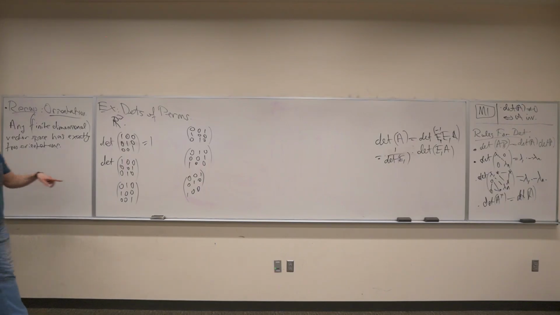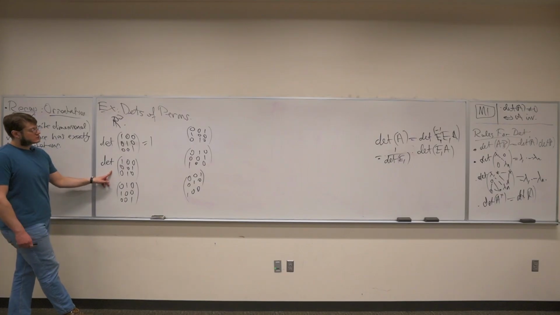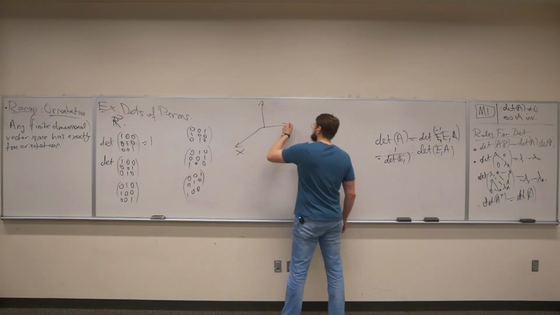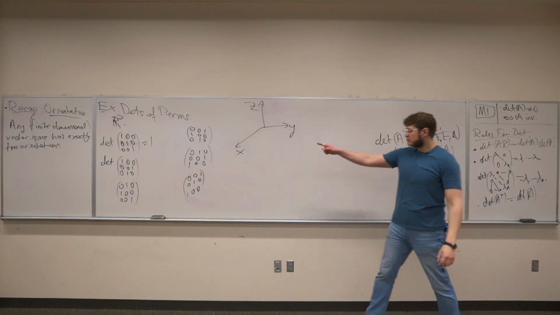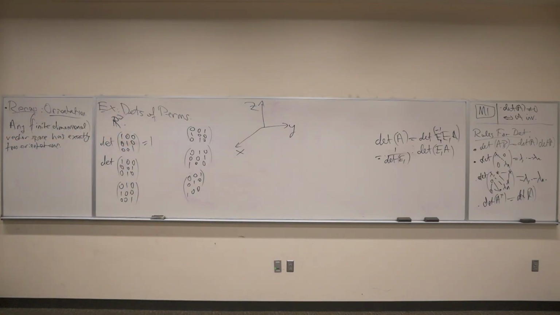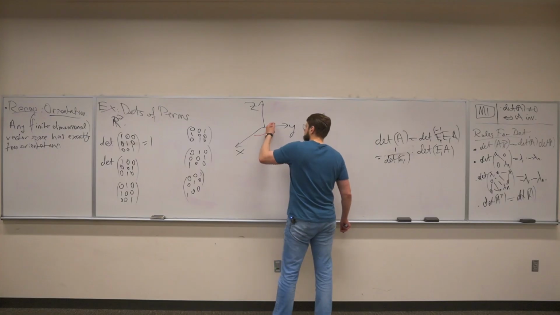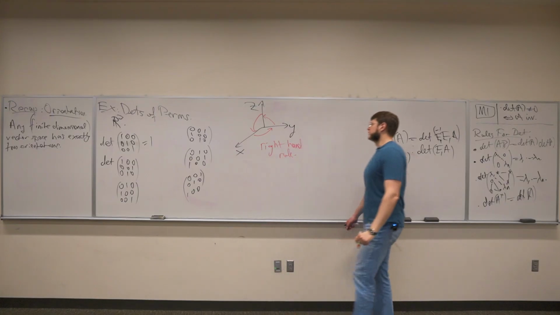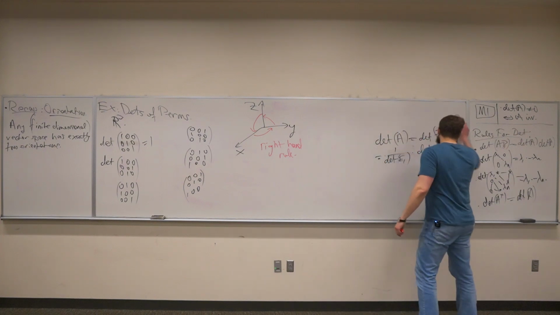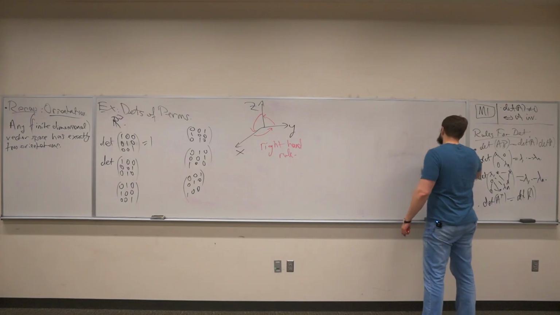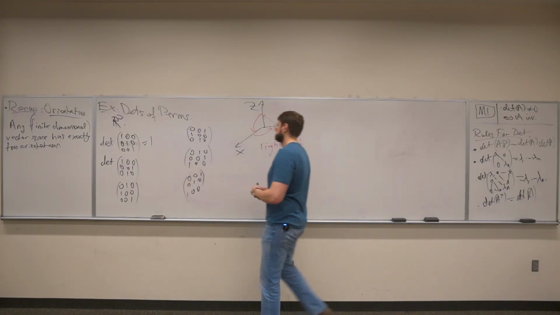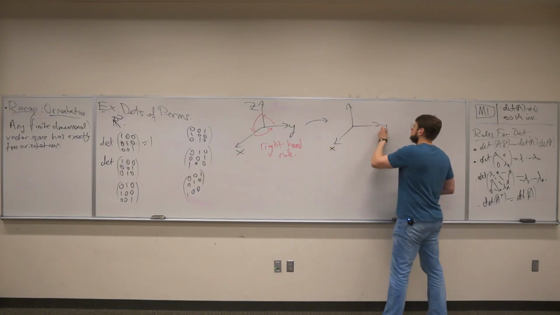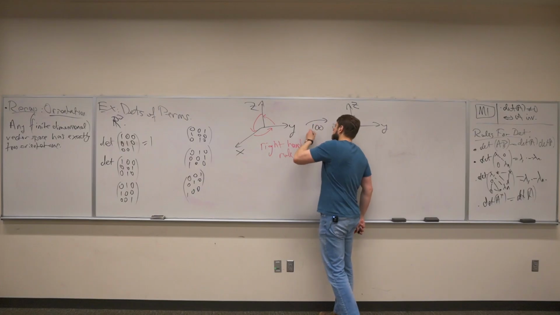Now this matrix interchanges y and z. And so if you start with the standard right-hand rule orientation, meaning you go x, y, z, x, y, z, like this, and if I were to apply this matrix to it, so this matrix is 1, 0, 0, 0, 0, 1, 0, 1, 0.